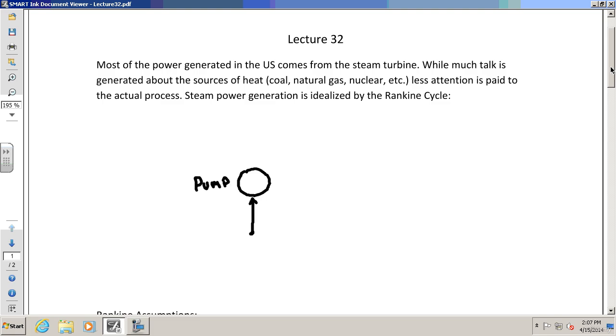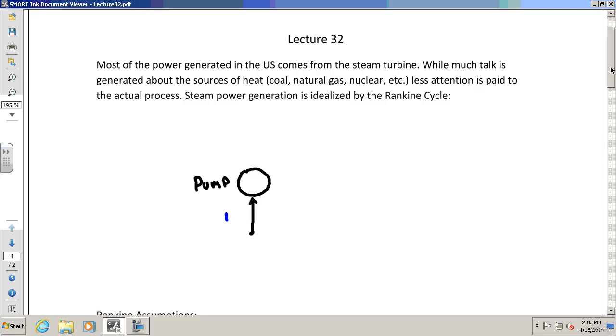We're going to call this state 1. And it's basically going to be liquid water going into a pump. The purpose of the pump is to increase the pressure of that liquid water. It's going to take it to a much higher pressure than where it was before.